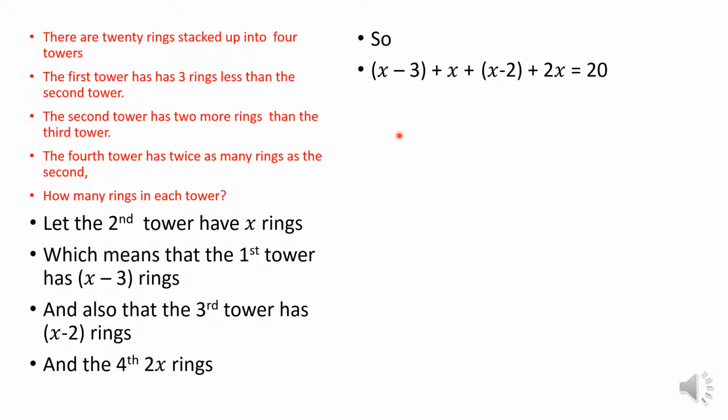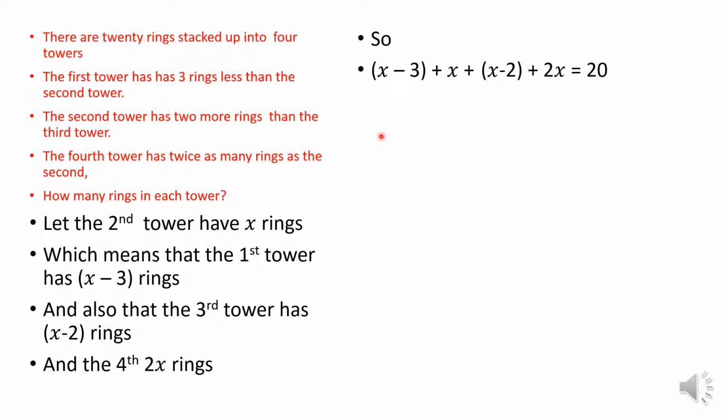Right, so I got x minus 3 for tower 1, and I got x for tower 2, and I got x minus 2 for tower 3, and then 2x or double x for tower 4. And if we add all this together, we should get 20 rings.